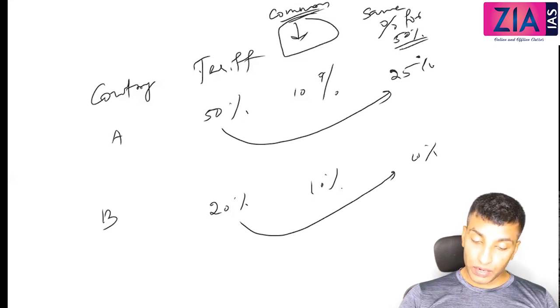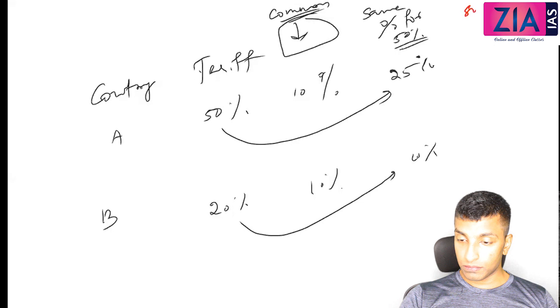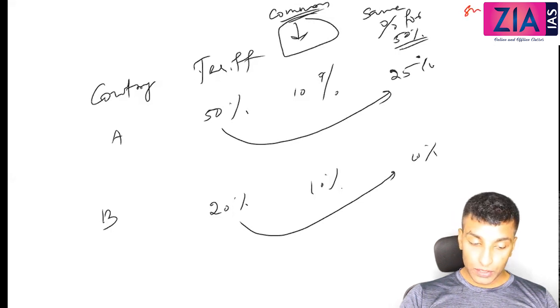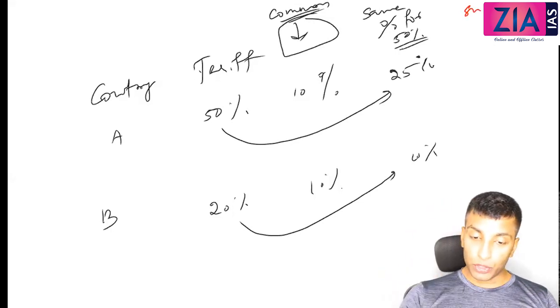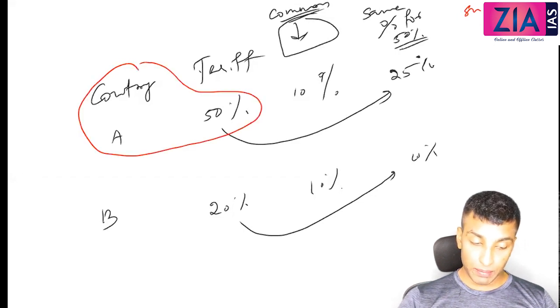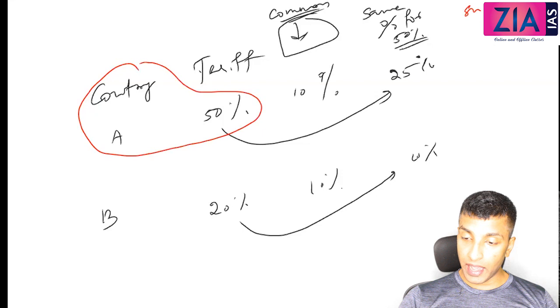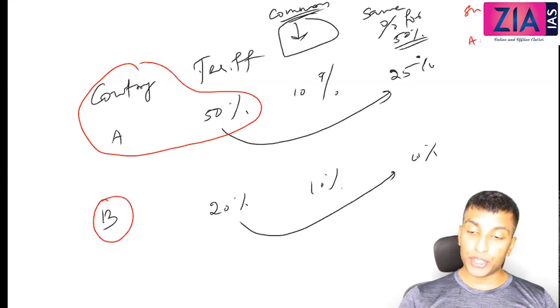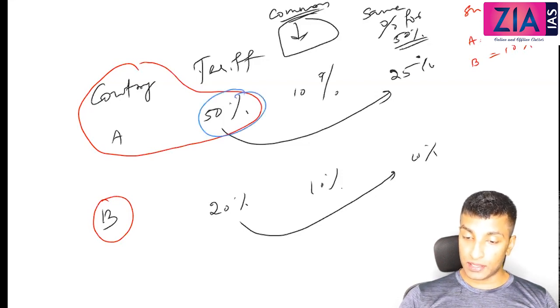Now here we are discussing about what? Swiss formula. So what do you mean by that? Those countries which have a higher tariff have a higher reduction commitment. For example, let's say country A has 50% and country B has less, so it should have less commitment. Now as per Swiss formula, what should be the reduction commitment? 50%, so that will be 25%.